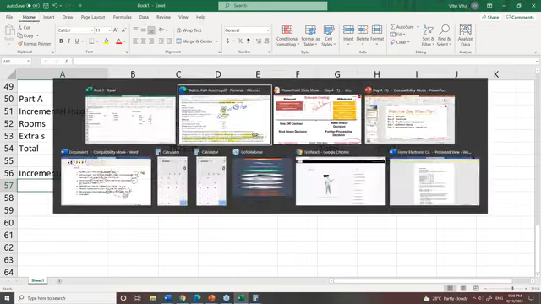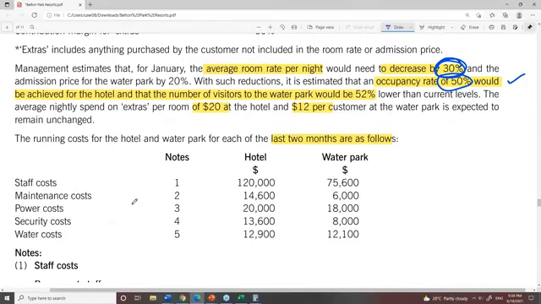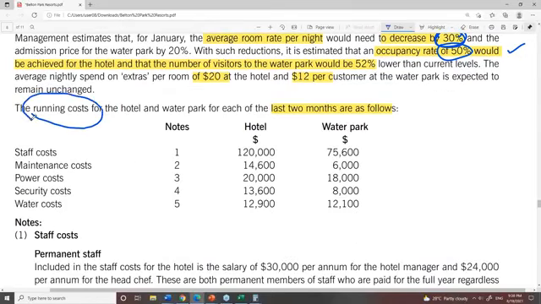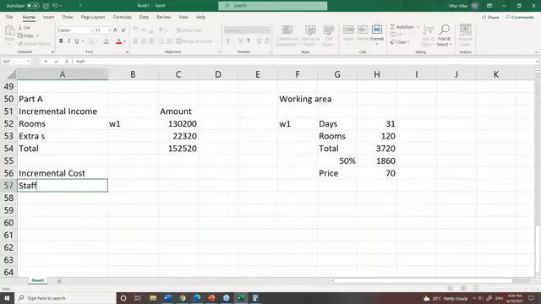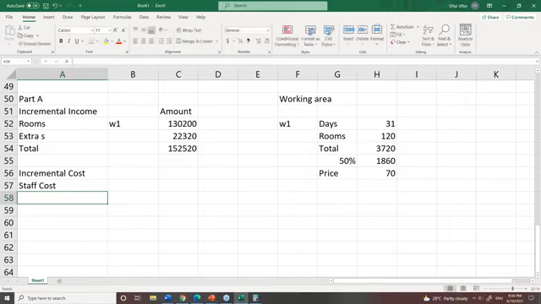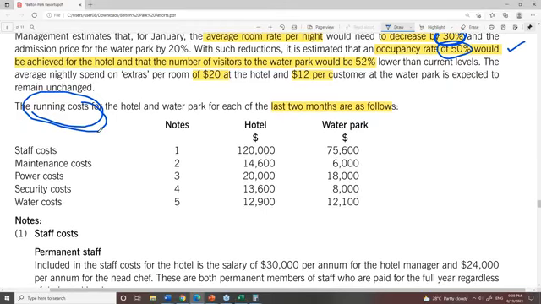First is, it says the running cost. This is running cost. Okay, so that's staff cost first. So let's read. Permanent staff.